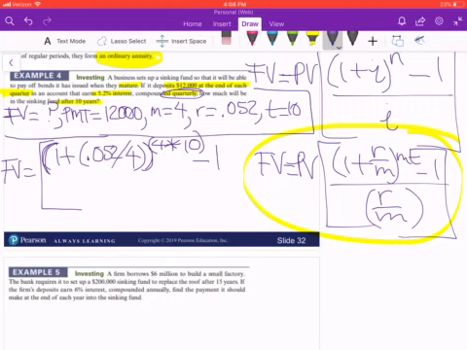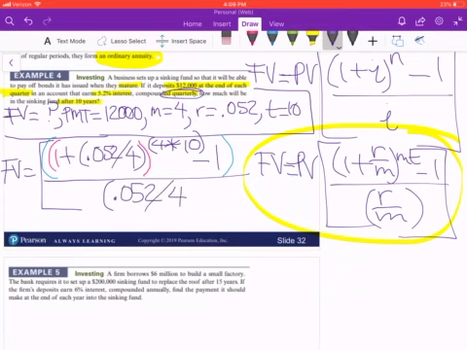And then I will need to enclose my numerator. Remember, this parentheses here, actually, let's write it this way. And then this will be divided by 0.052 over 4.